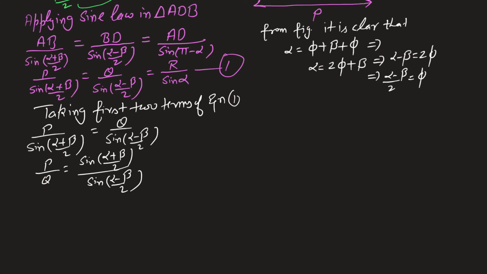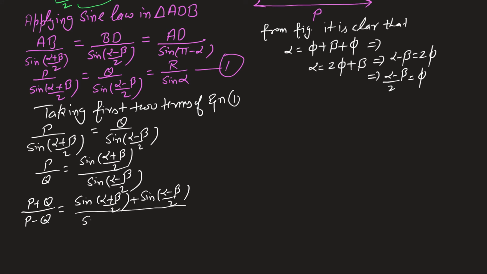Now applying componendo and dividendo, we get (p plus q) by (p minus q) equals sine alpha plus beta by 2 plus sine alpha minus beta by 2, divided by sine alpha plus beta by 2 minus sine alpha minus beta by 2.